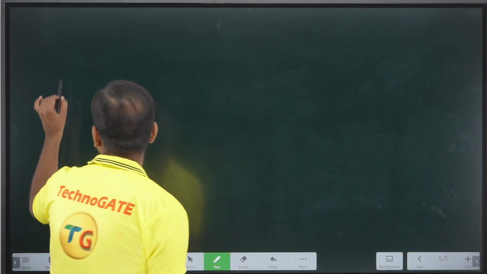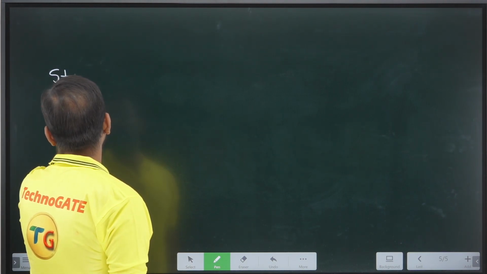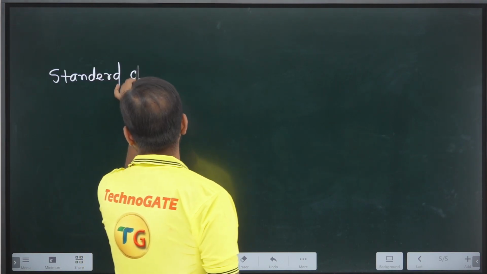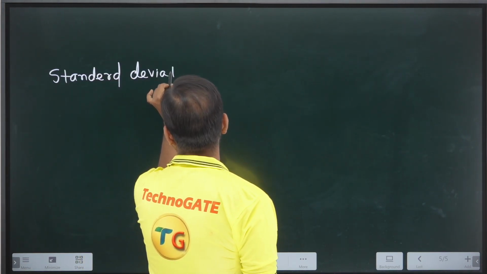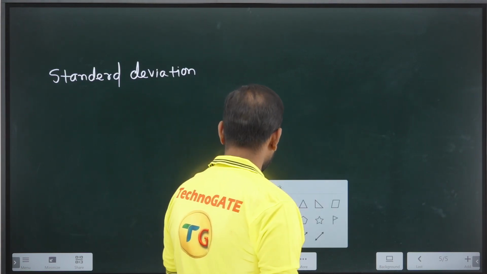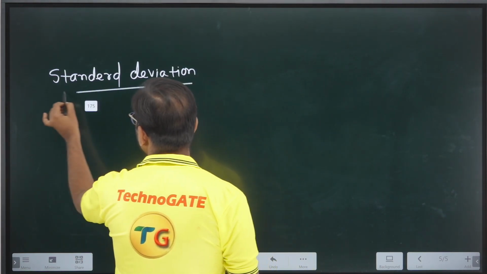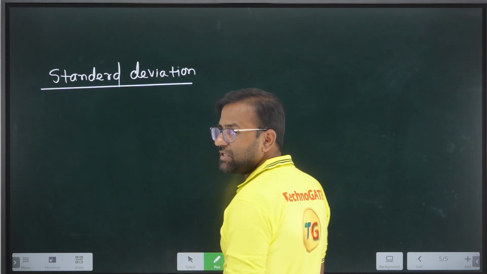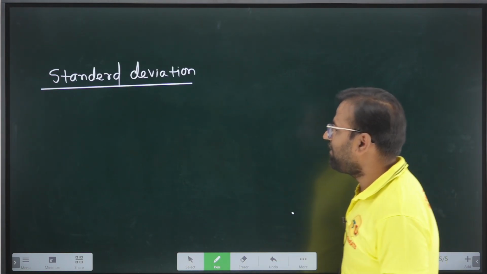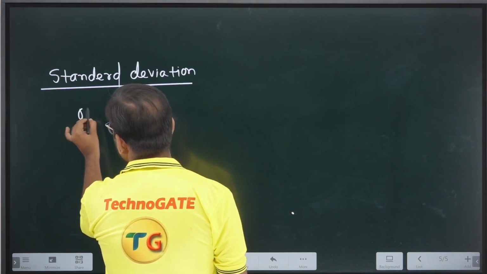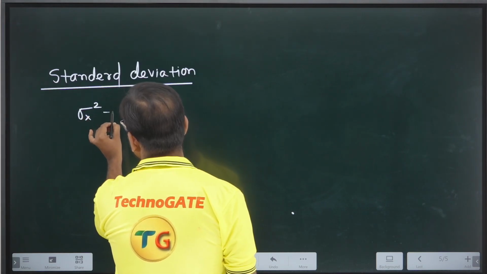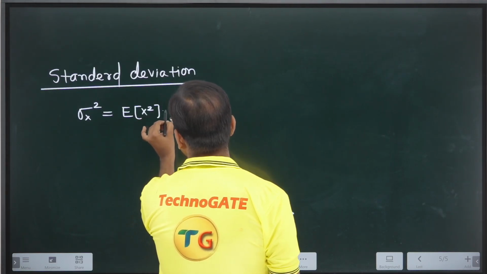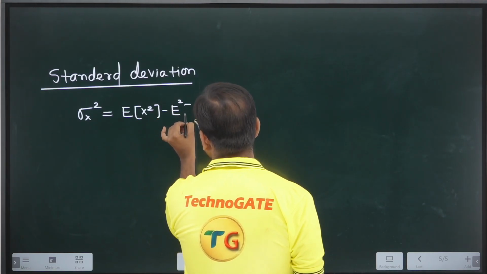Standard deviation is given by sigma x square, which is equivalent to the expectation of x square minus the square of the expectation of x.